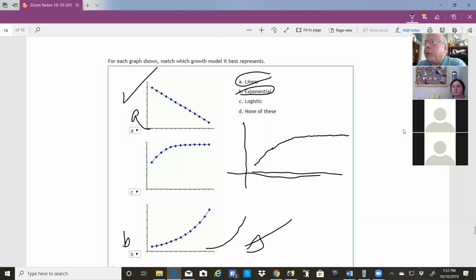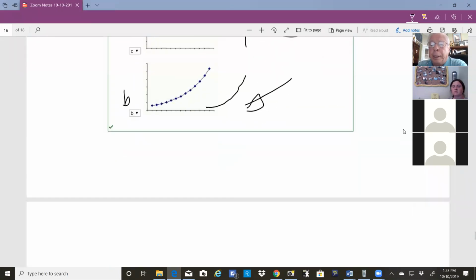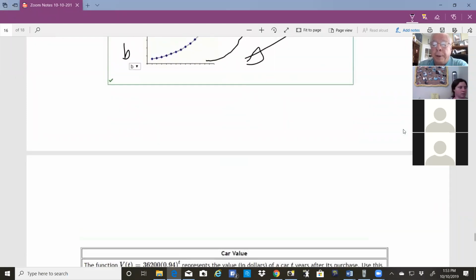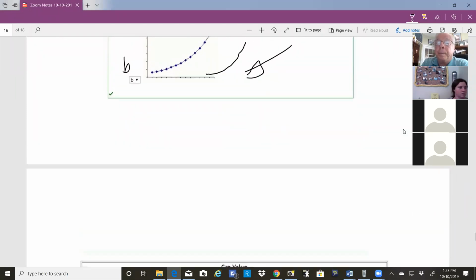Sometimes you'll see this kind of function in, say, a business situation. Let's think about age versus salary.